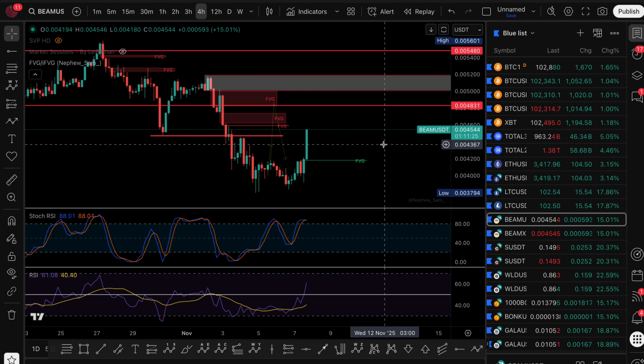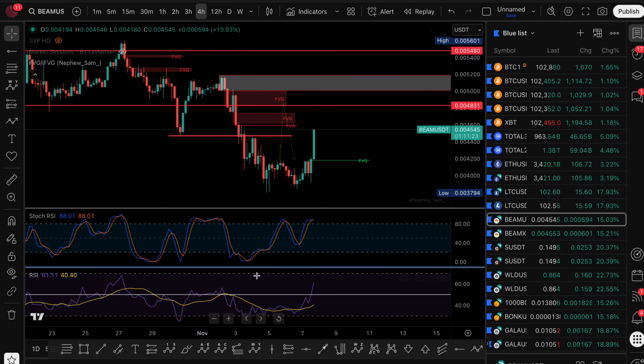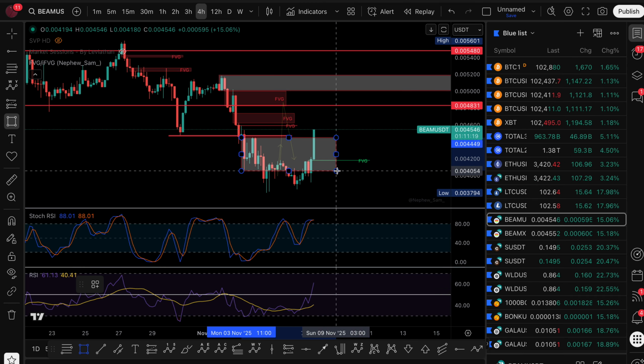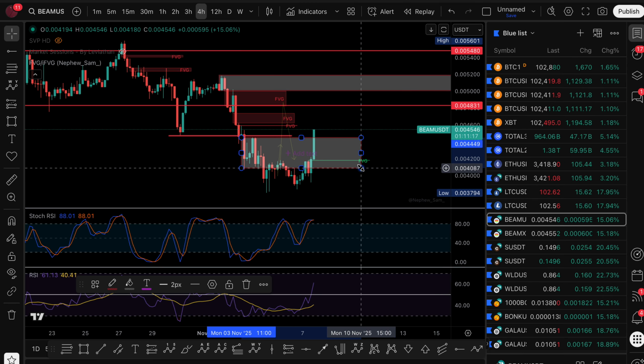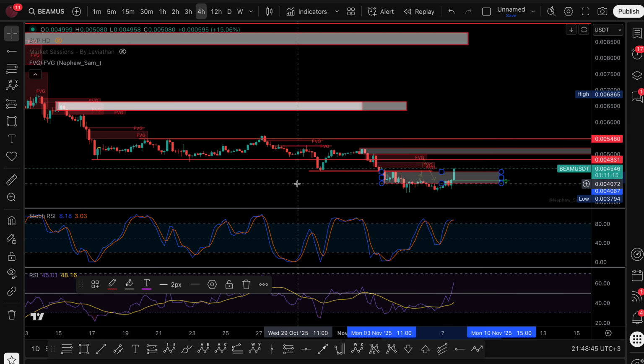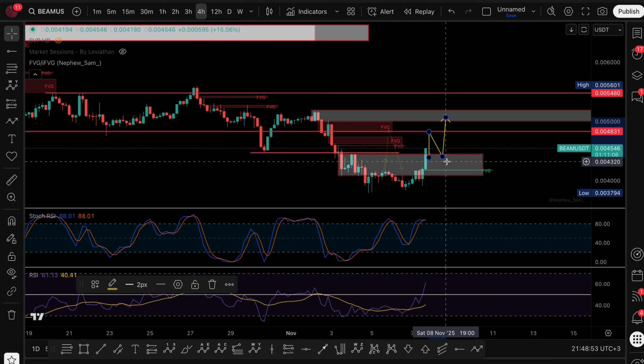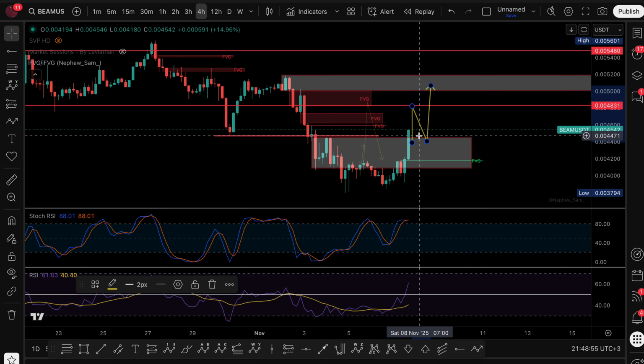All this is happening. BEAM, for example, is also good because this was like the resistance before. So if we can turn this into support, that would be lovely. So you can trade or buy retracements to these levels here, so you can mark them on the chart as well.